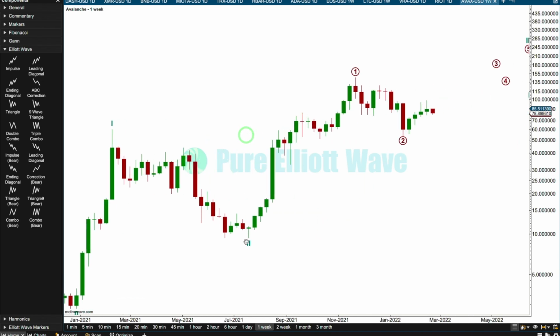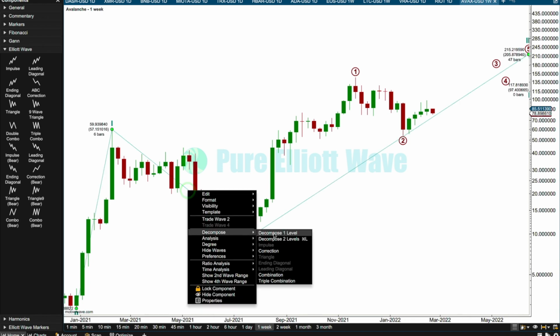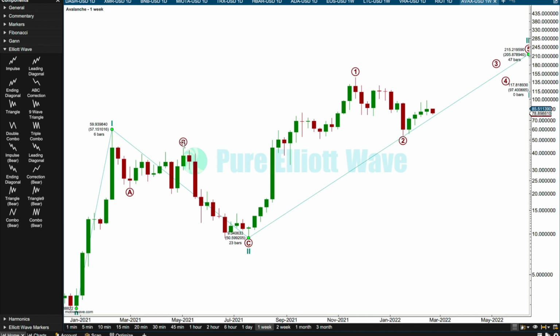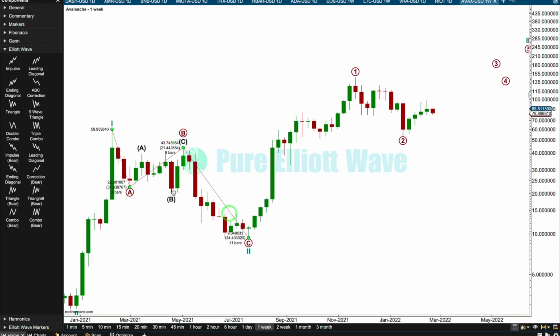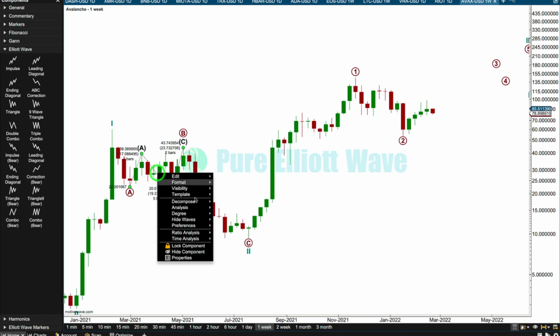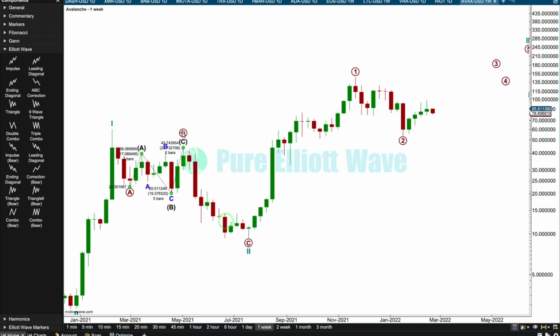I don't want to spend too much time on this corrective structure. It's super choppy and overlapping. I think, actually, this is a zigzag, this is really easy. And there's an overlap here.